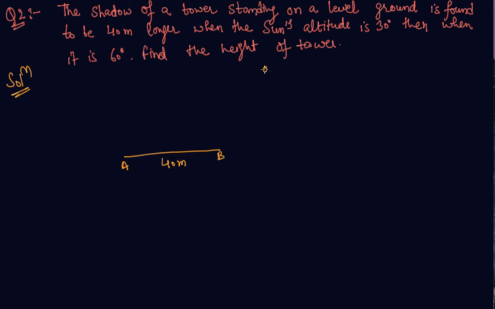Let me draw the shadow of the tower as AB. Say the sun is here, so the shadow of the tower is making a 30 degree angle with the tower.